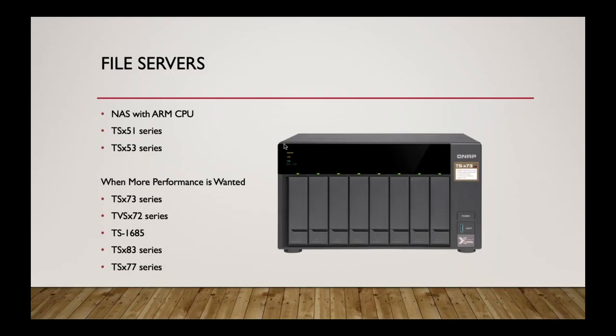And then even more performance than the 73 series is the 72 series. And we have the 1685, and the 83 series and 77 series are very high performance file servers. So depending on what's needed, ARM or Celeron when you don't need particularly high performance, but we also have some very high performance options starting at 73 series and up.